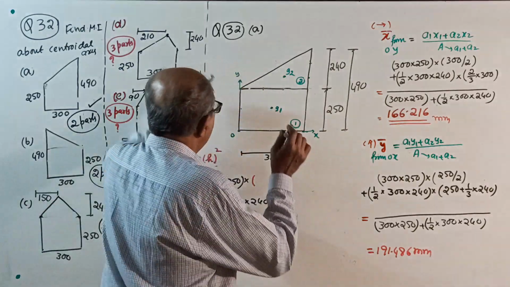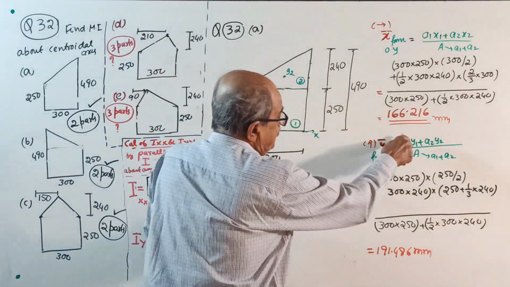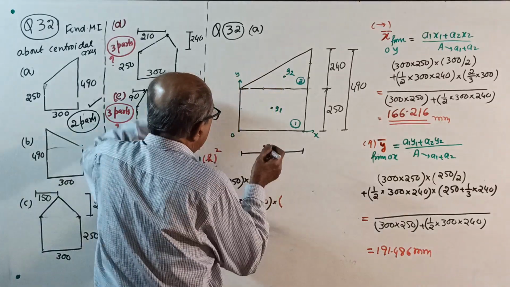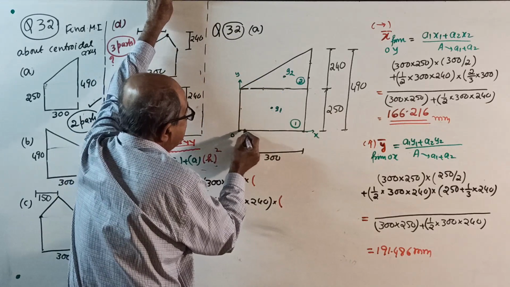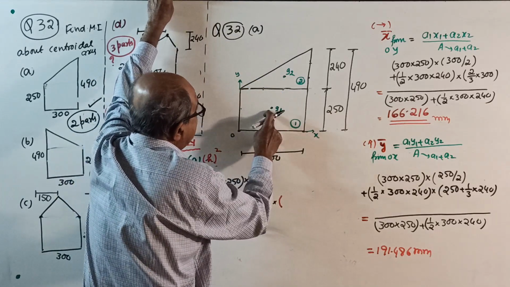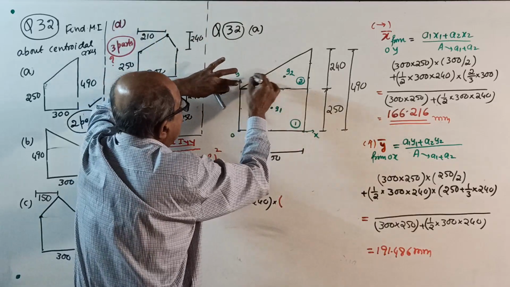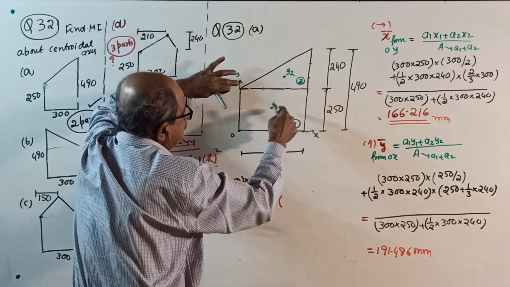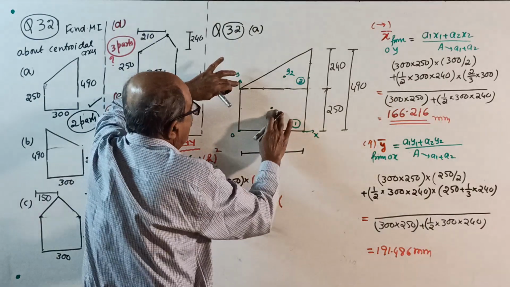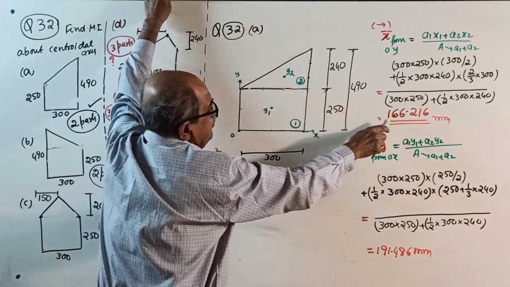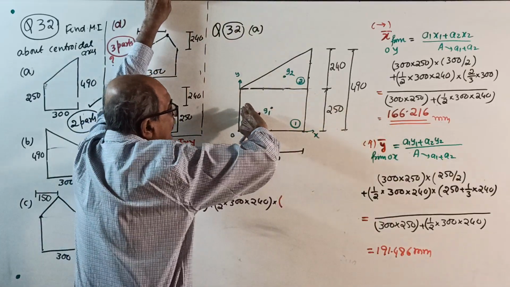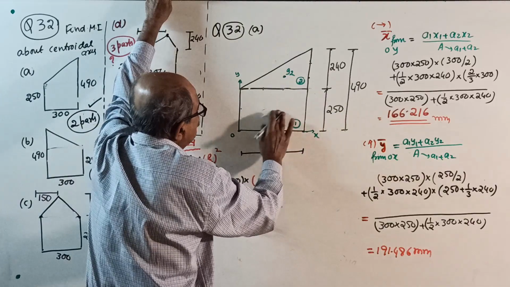Okay, start now. Locate that right here. After all this, you write: locate XX, YY. X bar is 166. See, this is 300, and 150 is the middle, and 166 is a little more. From here to here is 2/3 of 300, that is 200. I'll put G1 here. I think G1 should come slightly this side.